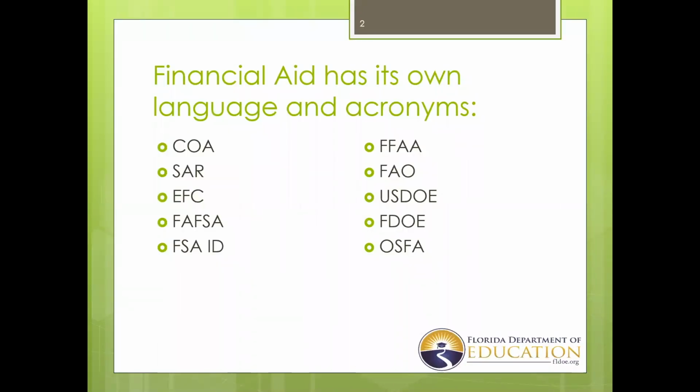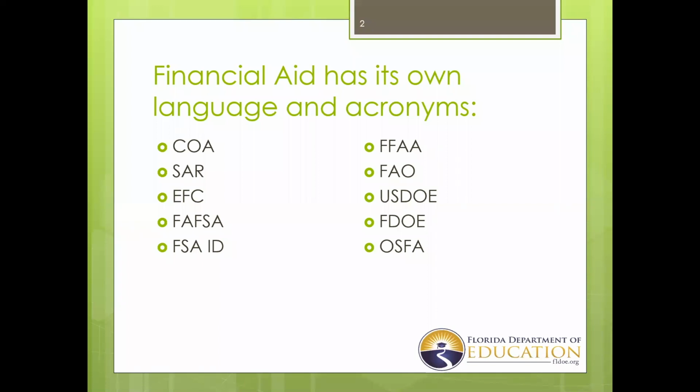This first screen shows you the language of financial aid. As many of you may well know, the federal government is used to speaking in acronyms, and the U.S. Department of Education is no different. Throughout your college career, when you go to review your financial aid status, you're going to be seeing a lot of these acronyms that you see up on the screen.